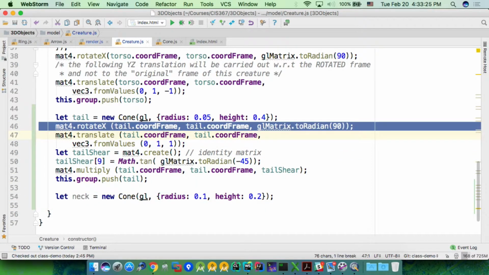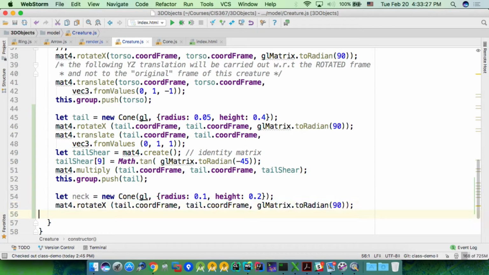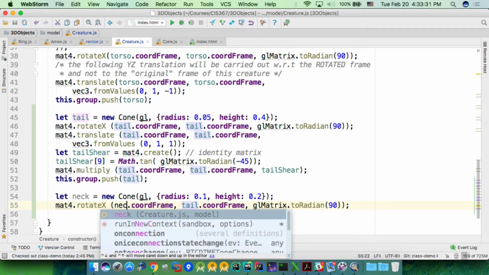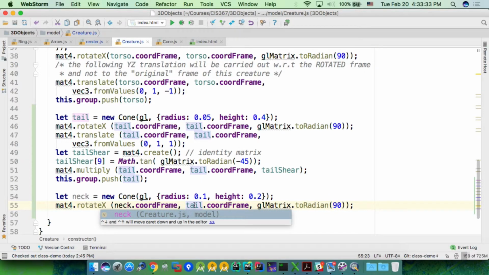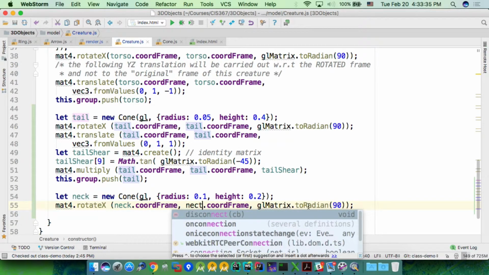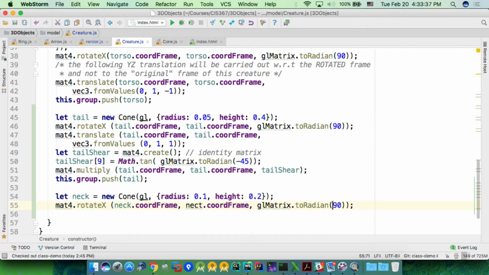And we do need to rotate the neck coordinate frame, and then the rotation amount will be a negative number this time because we want to have the tip of the cone pointing to the positive y-axis. The second coordinate frame is spelled wrong. Oops, neck. Thank you.